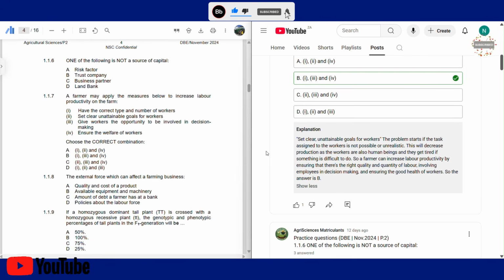It is letter B, which says have the correct type and the number of workers, Roman figure 3, give workers the opportunity to be involved in decision making, and Roman figure 4, which is ensuring the welfare of workers.